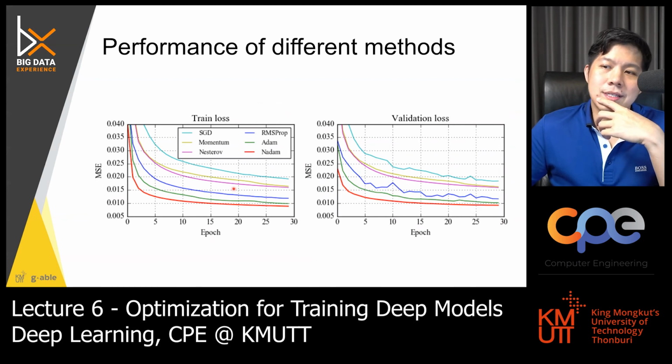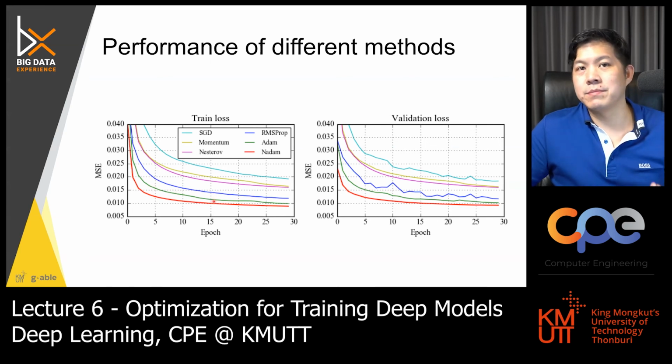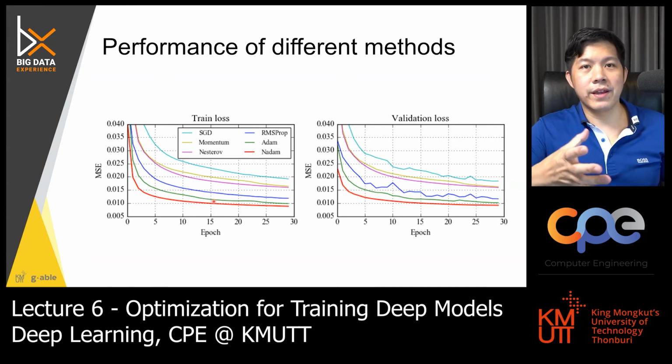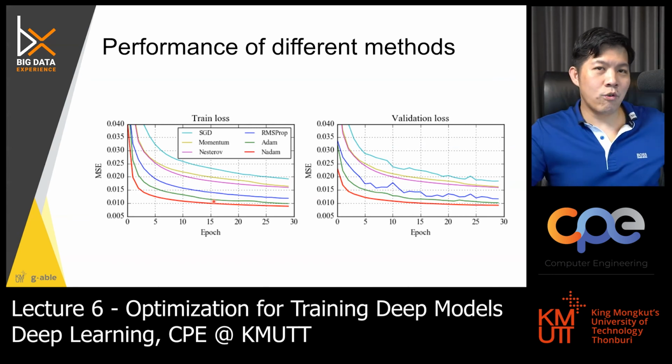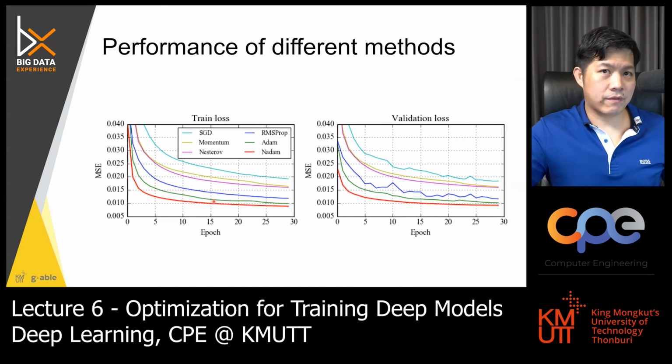In any case, instead of using just SGD, if you apply momentum, if you apply adaptive moment, it becomes faster because the learning rate has been adjusted.